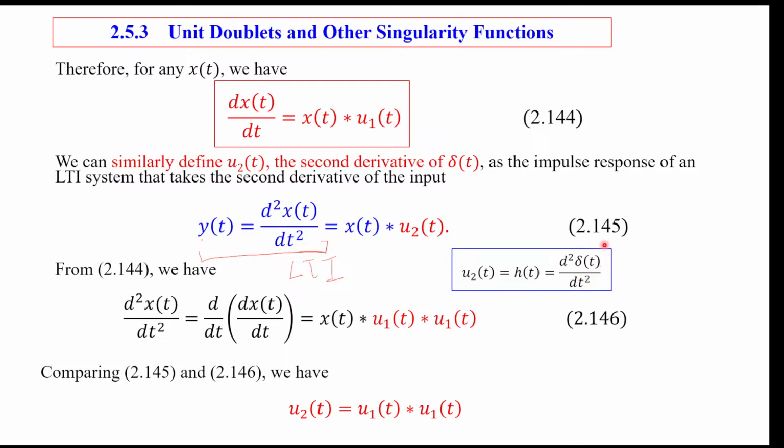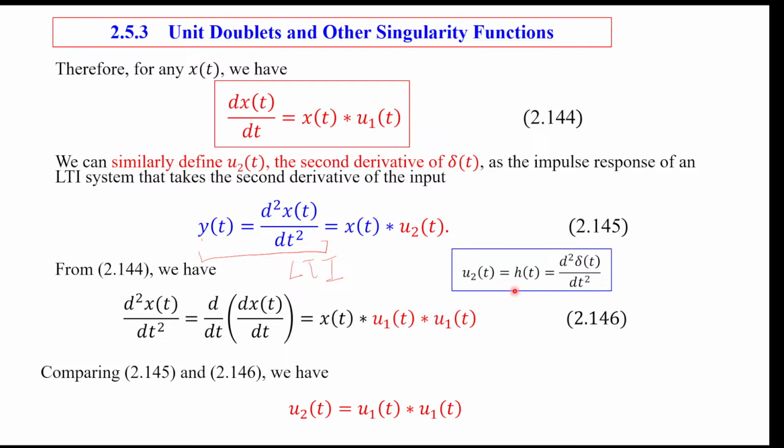There is even something more interesting happening here: there are different definitions of u2 of t. That's because the second derivative is just taking the first derivative twice. So d square x of t dt square equal to taking dx dt and then doing d dt again. When you do dx dt, that equals x convoluted with u1, and you differentiate again, that equals convolution with u1 again.